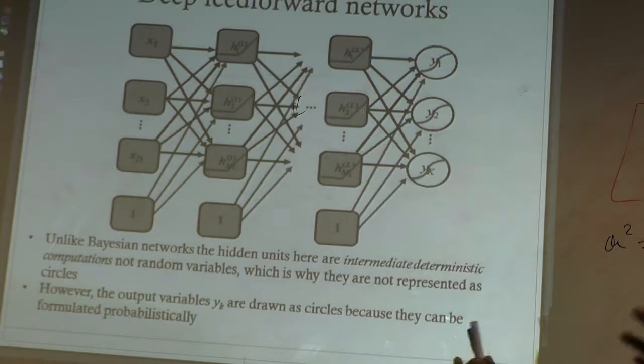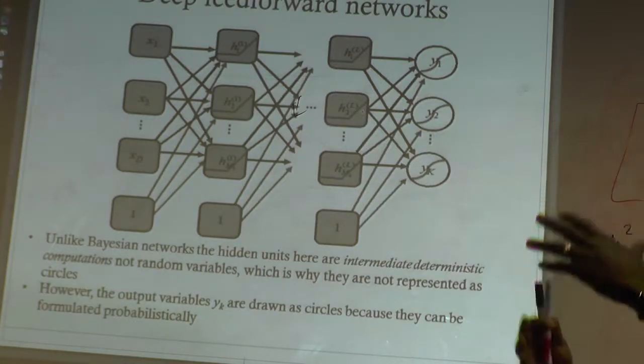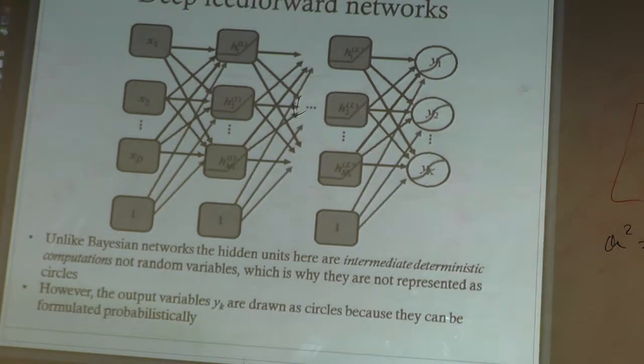In other words, they are not just variables whereby you can choose in between. Each one of them is a deterministic computation. That's what differentiates a deep feed forward neural network from a Bayesian network, which is generally used in statistics. The whole idea is similar, but this is deterministic computation.